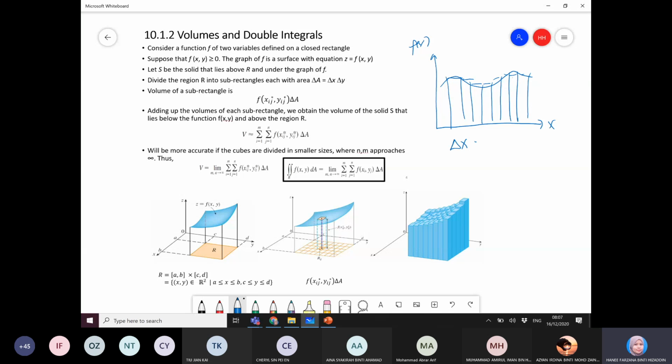So delta x equals b minus a over n, and delta y equals d minus c over m. n and m are the number of intervals, and the higher the number of n and m, the more accurate your approximation will be as they approach infinity. That gives you the volume of each rectangular cube. Then you do the same for all the other rectangular cubes at different intervals.